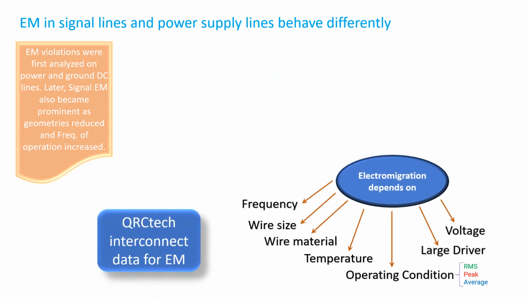Electromigration, as we know, depends on multiple factors: frequency, wire size, wire material, and temperature.